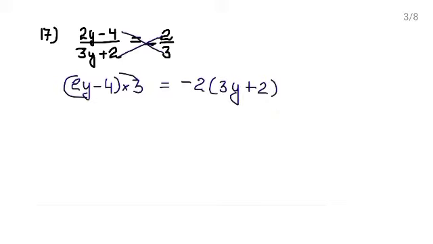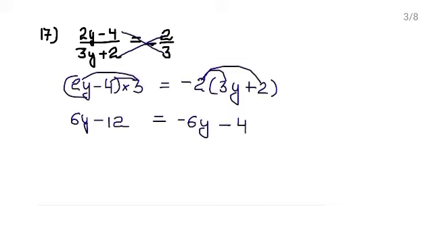Now this is like the distributive property, so multiply 3 by 2y, 3 twos are 6, y multiplied by 3y minus 4, 3 fours are 12, and this will have a minus sign, equals to multiply this -2 by 3y, 3 twos are 6 with a minus sign, y, multiply this -2 by 2, 2 twos are 4, and an odd number of times minus sign, so this will be minus.